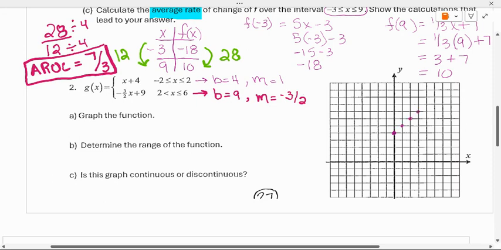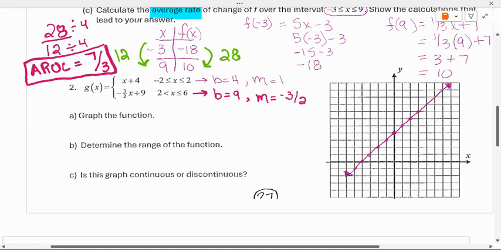I can also, from the y-intercept, go in the opposite direction, down 1 and to the left 1, down 1 and to the left 1. And I am going to connect all of these points with a nice straight line. Again, we'll adjust our domains after we graph our functions.